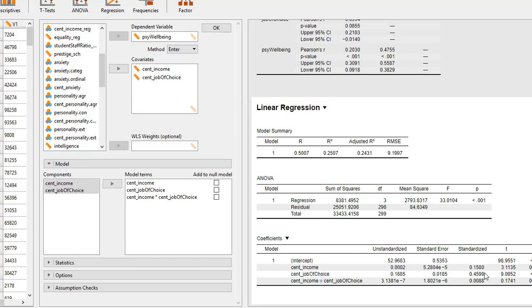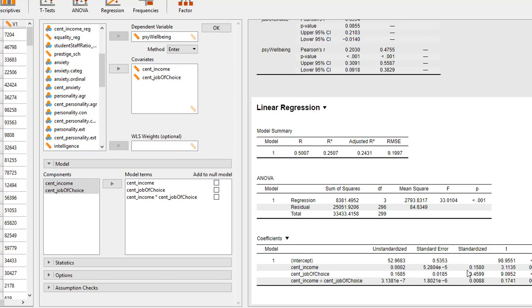Now, the standardized regression coefficients indicate the increase in standard deviations of the dependent variable as a function of an increase of one standard deviation in the independent variable.